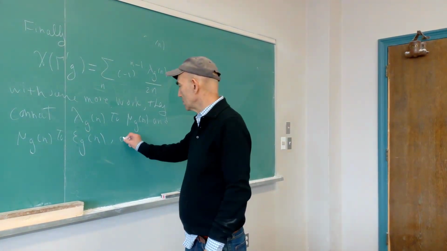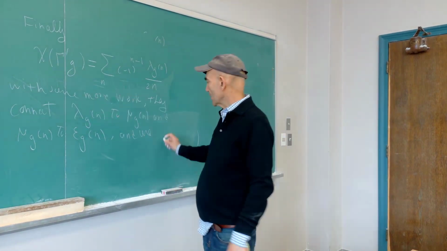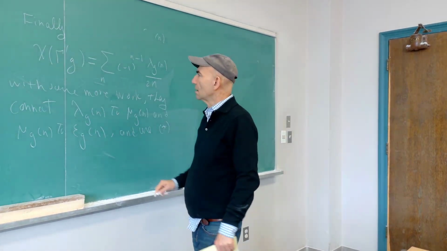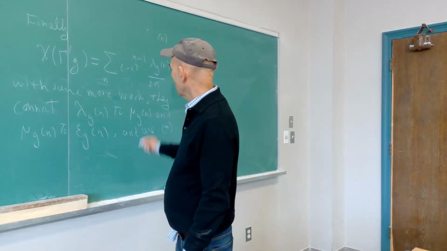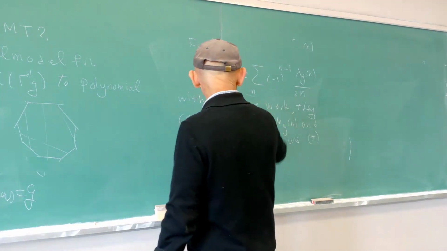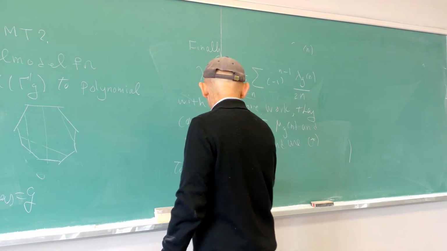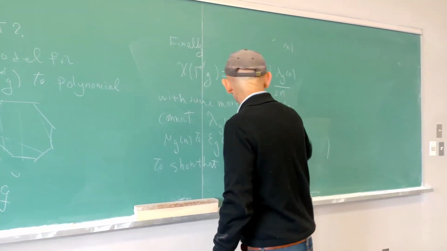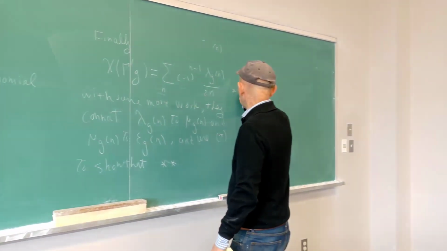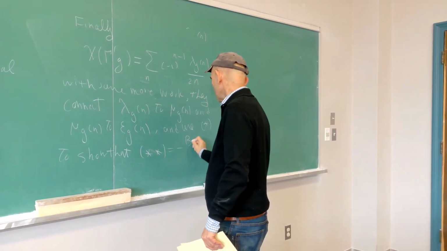And use that relation star to show that double star, which is this one, is actually minus b_{1}(g).